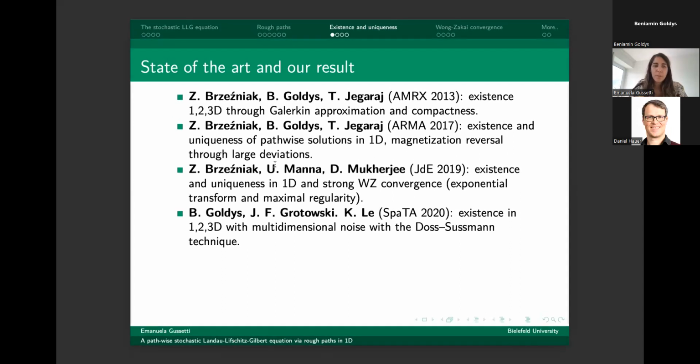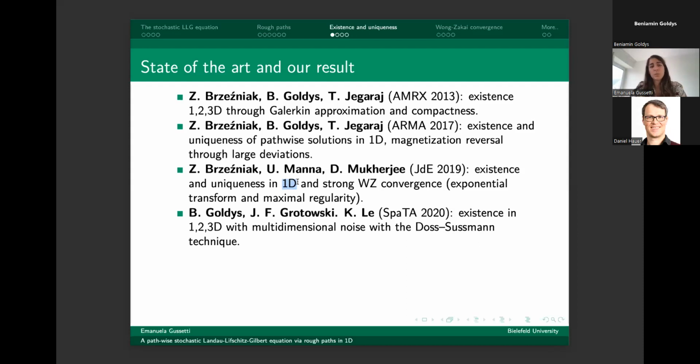There is another paper of Brzeźniak, Manna, and Mukherjee, where they establish existence and uniqueness, also in 1 dimension, of a pathwise solution, and they obtain a strong Wong-Zakai result. In order to do this, they employ exponential transform and maximal regularity. And in this paper, there are some questions that have been posed.